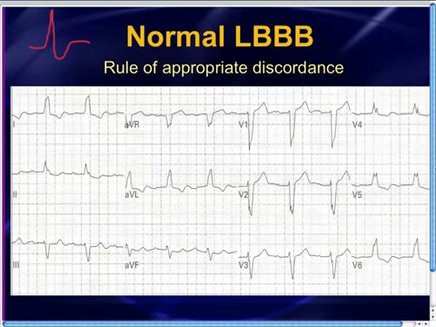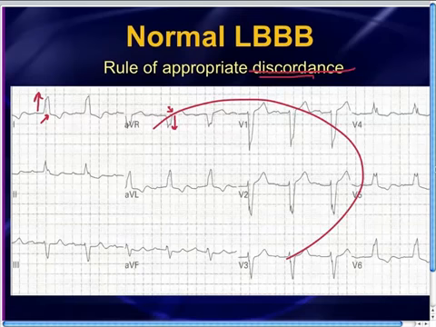So for example, in lead 1, the QRS goes up, and so the J point and ST segment are a little bit below the baseline. That's normal. Isoelectric is okay also, but it should be in the opposite direction, discordant. Every time the QRS complex goes down, for example in lead aVR, the J point or ST segment should be a little bit elevated. Isoelectric is okay, but it should be in the opposite direction once again.